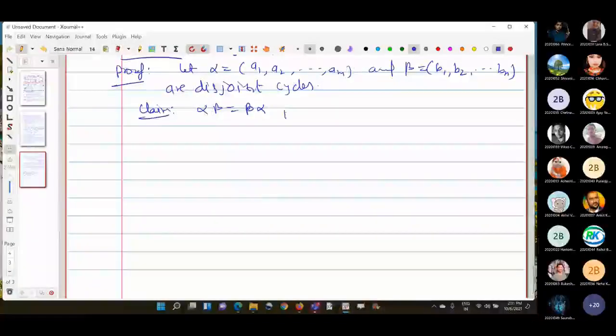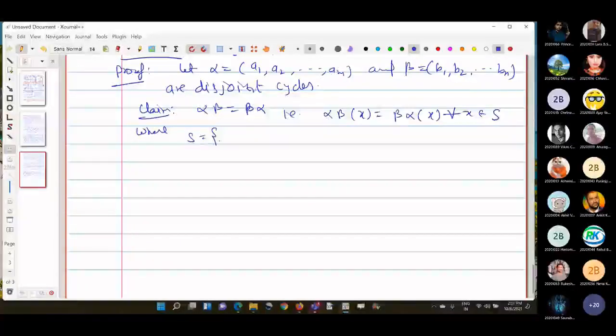That is, we need to prove alpha beta of x equals beta alpha of x for all x belonging to some set S.